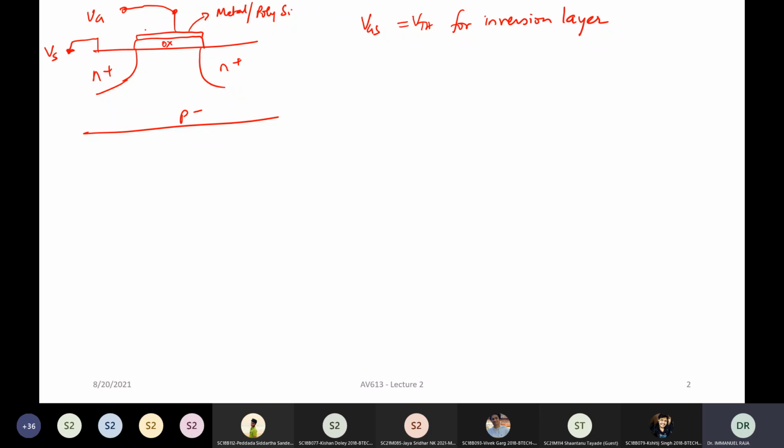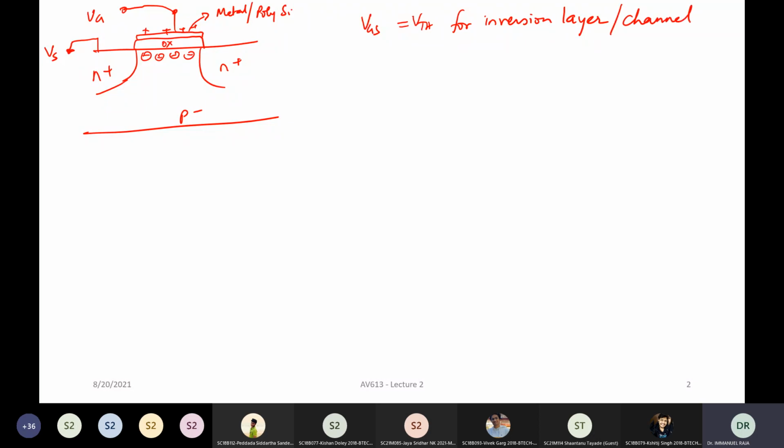But when you put a positive voltage on this side, the electrons gather on the underside of the oxide layer, and a sufficient amount of electrons gather there such that it forms a channel. This is what is called the inversion layer, or the channel formation.